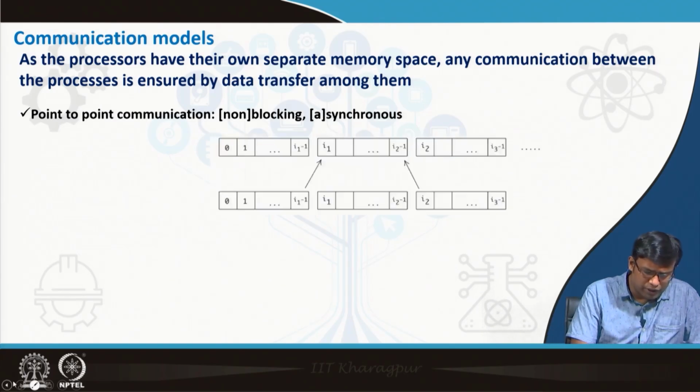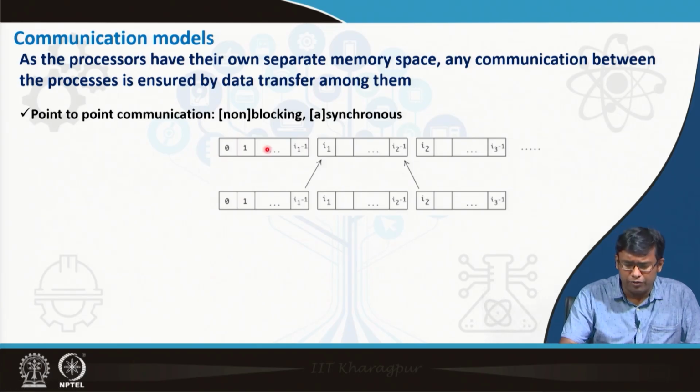What is point to point communication? Suppose these are disjoint memory spaces attached to different processors. This is an array, and these are array locations of memory in the different processors.